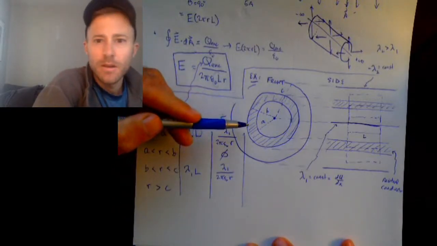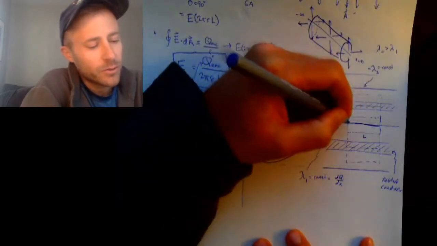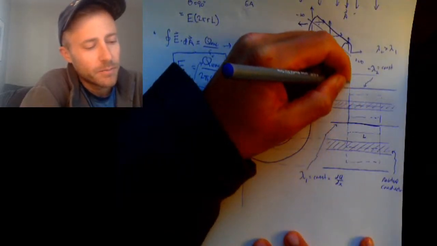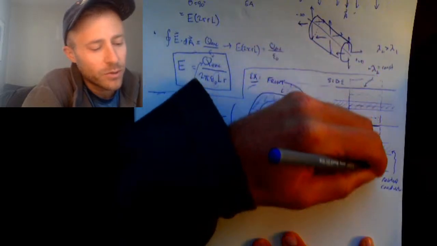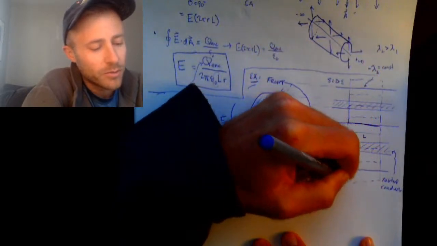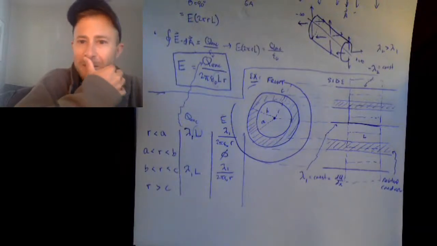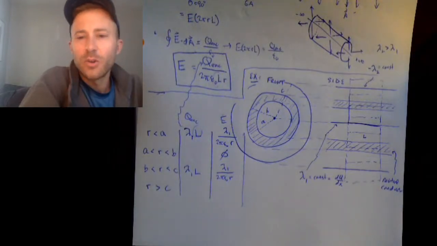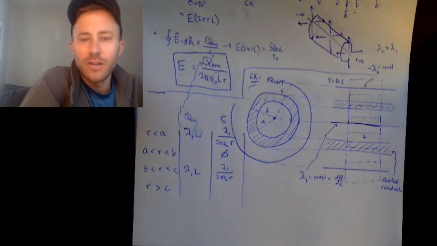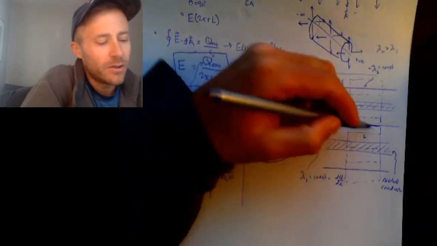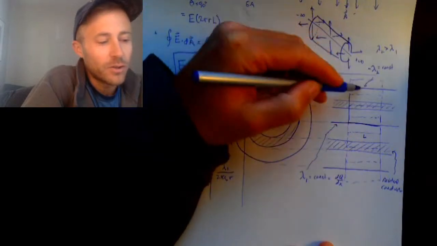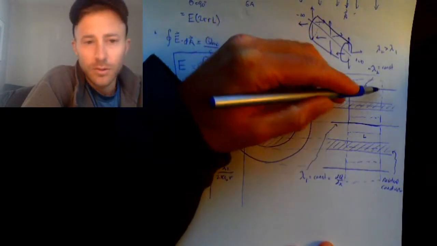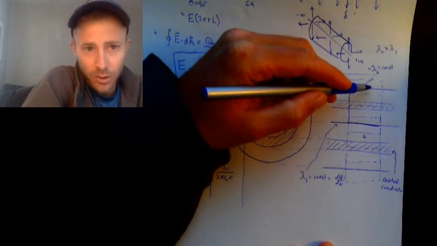Now, what if our Gaussian surface was big enough to enclose all the toilet paper tubes? Then it is not only enclosing the inner line of charge, but it's also enclosing the outer toilet paper roll of charge.